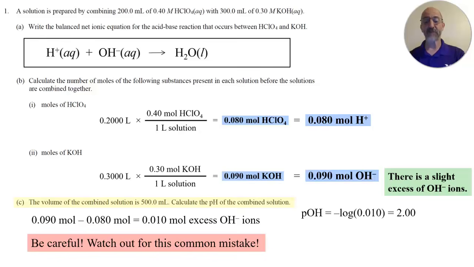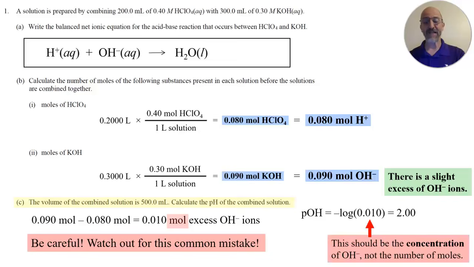Now, if you take a look at that, pOH is equal to the negative log of, and it's not the number of moles, it's actually the concentration. So what the student would have done incorrectly if they did negative log of 0.010 is that they're taking the negative log of the number of moles when instead they should take the negative log of the concentration. So what's the concentration?